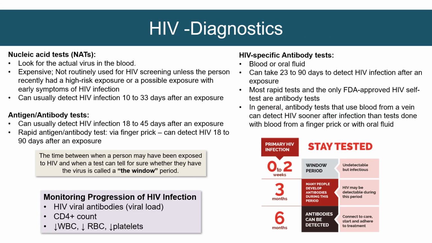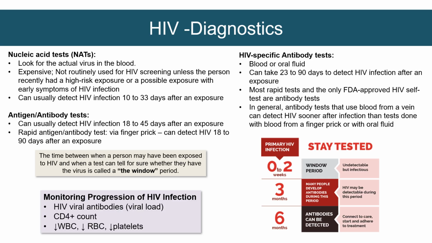The way that we test for it, there are several different tests, and you can read through them. The major takeaway from here is that there's a certain window where they can be infected with HIV, but it's not going to show up on a test. And that is the dangerous limbo area.